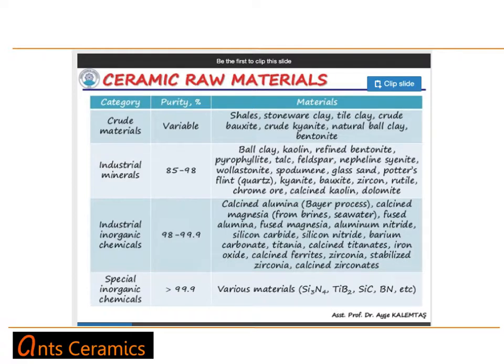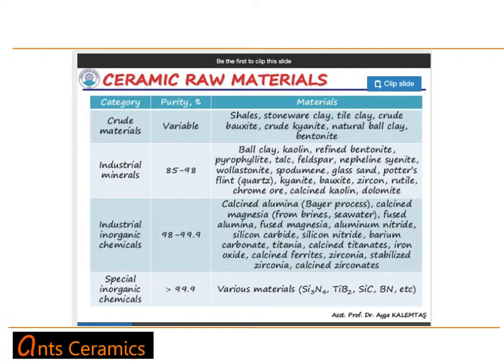The third category they have mentioned is industrial inorganic chemicals, where the purity level will be 98 to 99.9%, like alumina, calcined alumina, which is made by the Bayer process, calcined magnesia, which is made from brines of seawater, fused alumina, fused magnesia, aluminum nitride, silicon carbide, silicon nitride, barium carbonate, titania, then calcined titanates, iron oxide, calcined ferrites, zirconia, stabilized zirconia, and calcined zirconates.